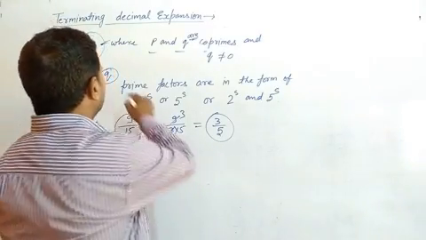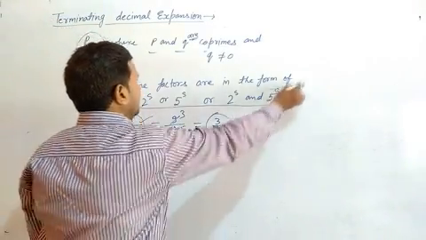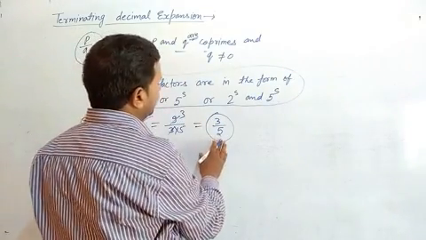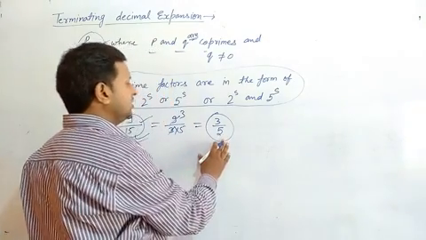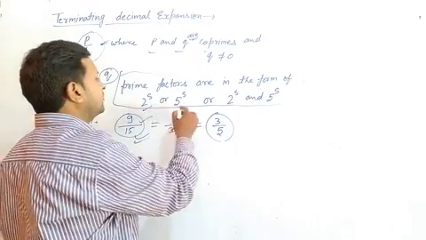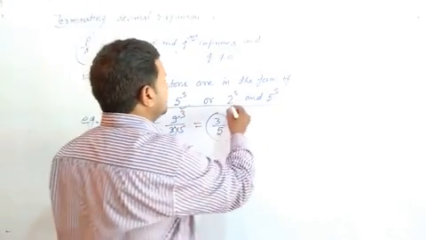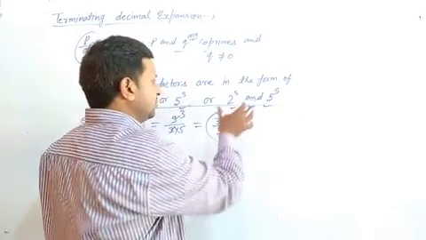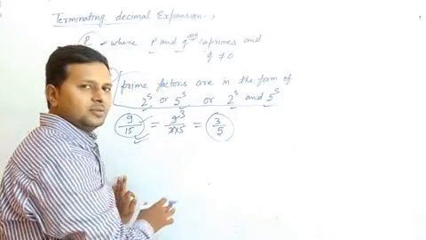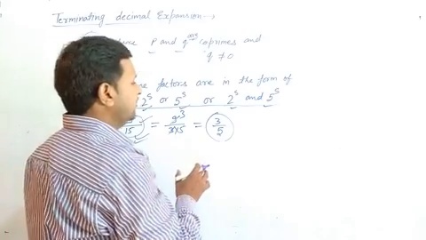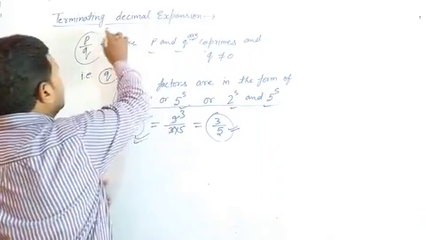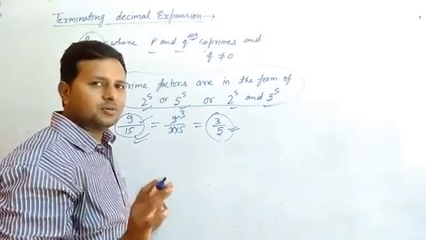So, according to definition, if the prime factor of denominator is in the form of 2's or 5's or 2's and 5's, means both should be there or separately they will be there, okay. So we can say that this number is terminating decimal expansion, okay.